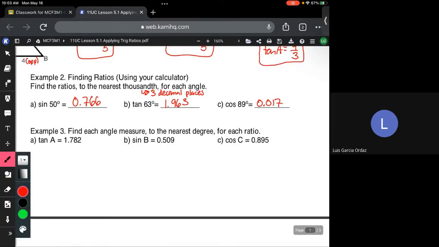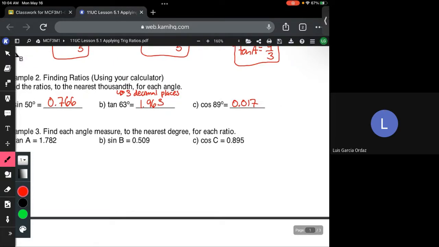Do you guys remember how to find angles on your calculator? No? So with the calculator, I'm going to put the steps on.